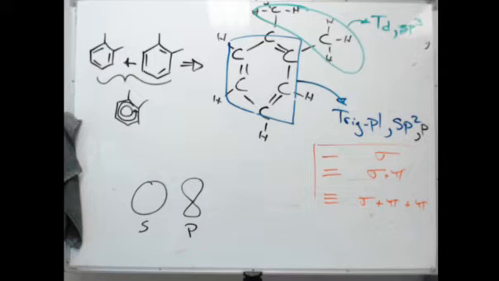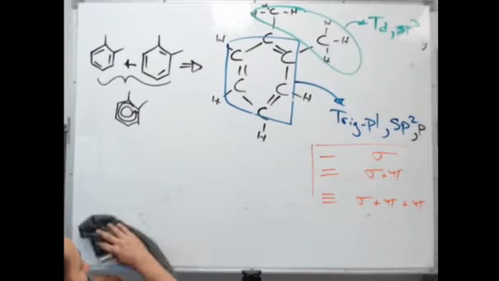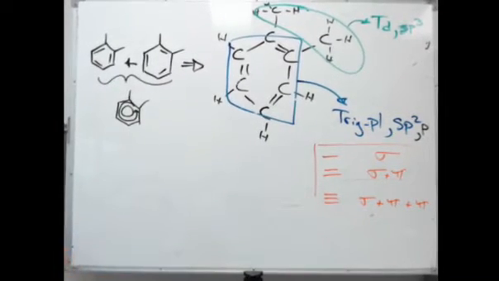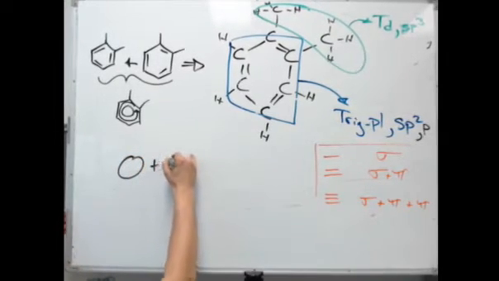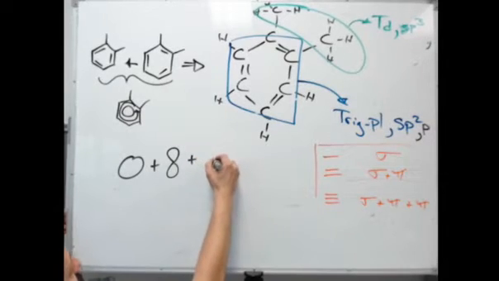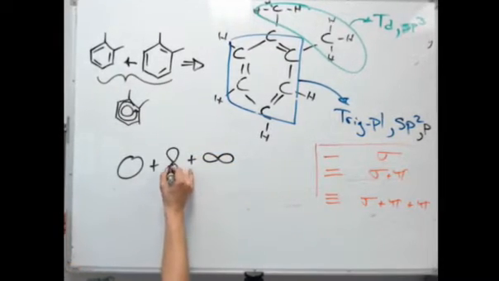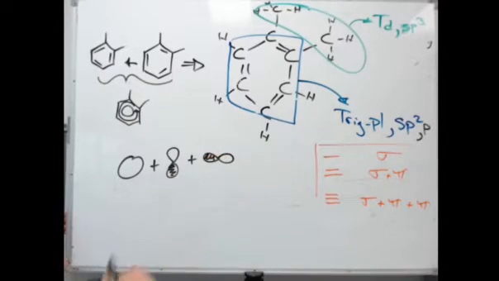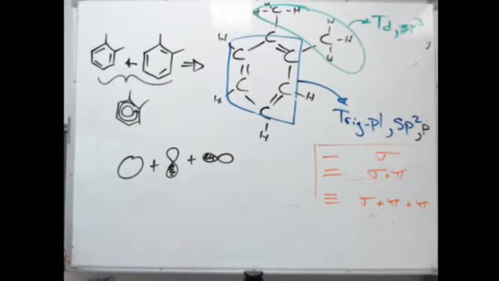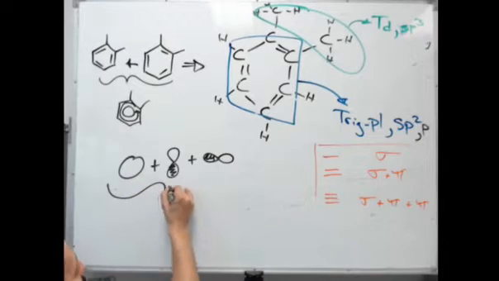Could you sketch an sp2 to sp3? I could try. sp2 I can sketch. So when we look at sp2, we're essentially taking an s orbital plus a p orbital plus a p orbital, recognizing that these also have some phase associated with them. If I'm adding three things together, I need to be getting three orbitals back out.